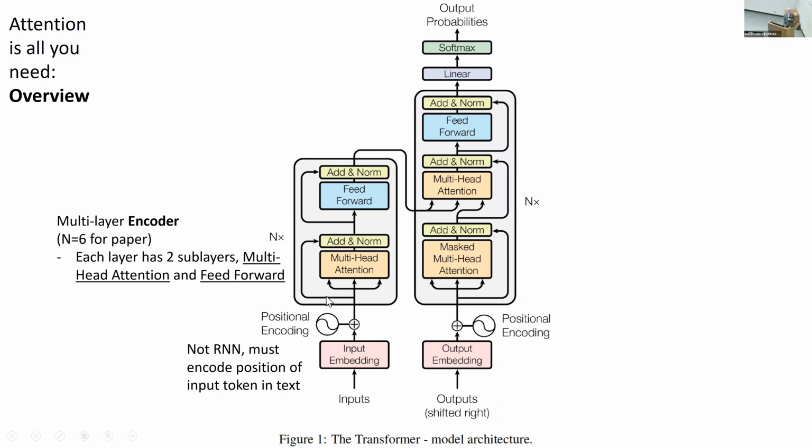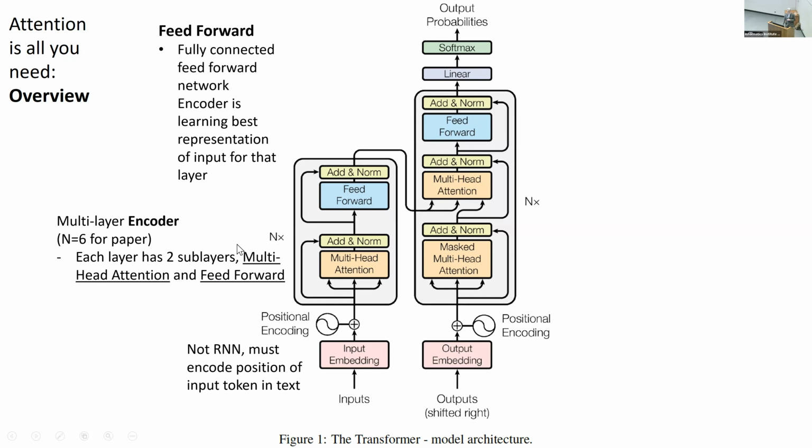There are also going to be multiple layers here. Now we're not going to actually use encoders for GPT, but they're here in the paper, so I'm just going to talk about them a bit. It's the same on the decoder side. You can have any number of these layers, and the more layers you have, the more sophisticated your representation is going to be.